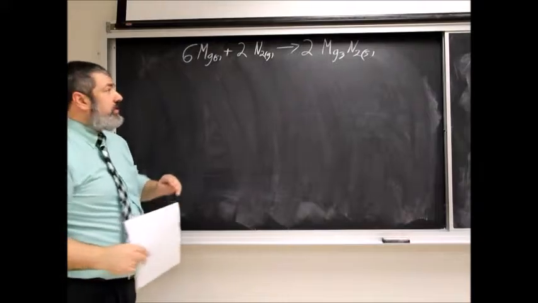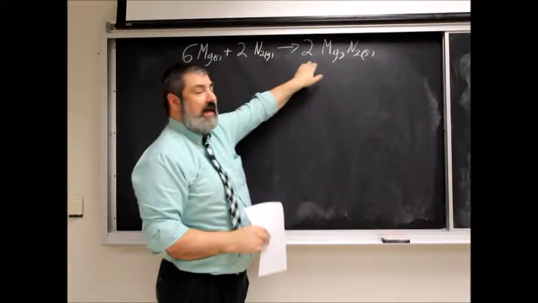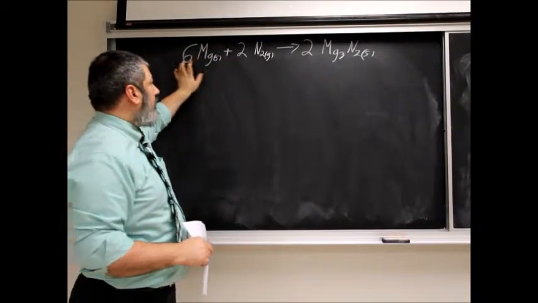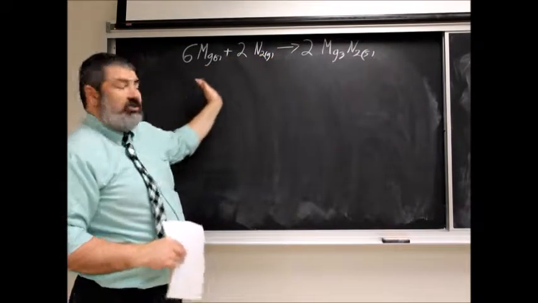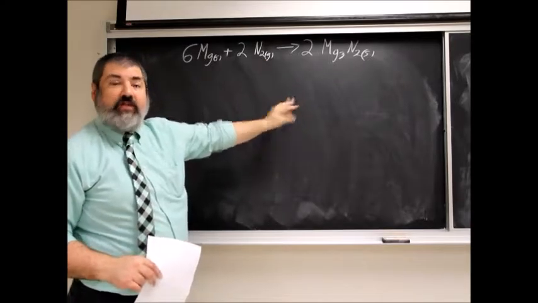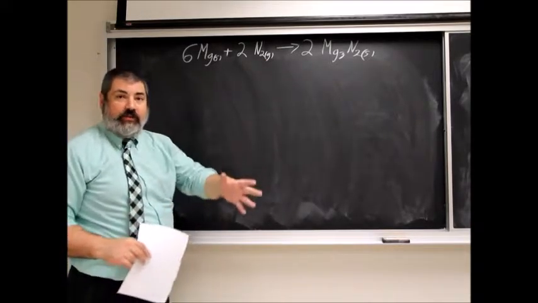Now, one thing you might notice, 6 to 2 to 2. I could actually divide everything by 2 and get a 3 to 1 to 1 ratio. But for this particular equation, I just basically scaled everything up. We'll see it doesn't actually make any difference in the long term.